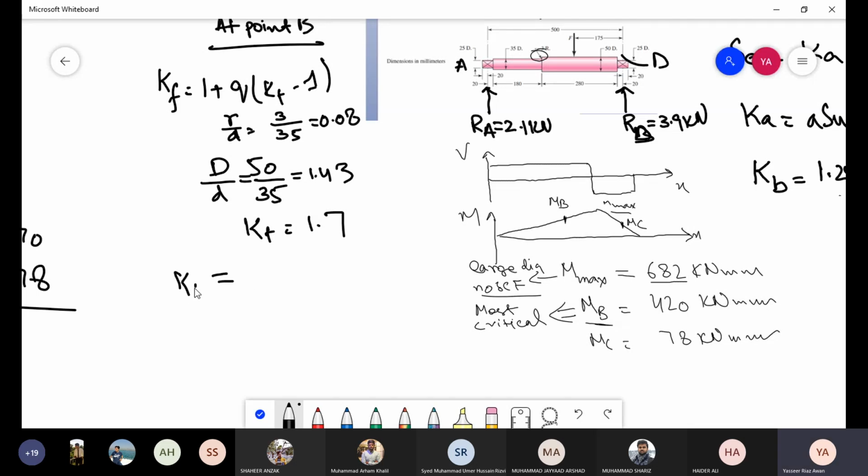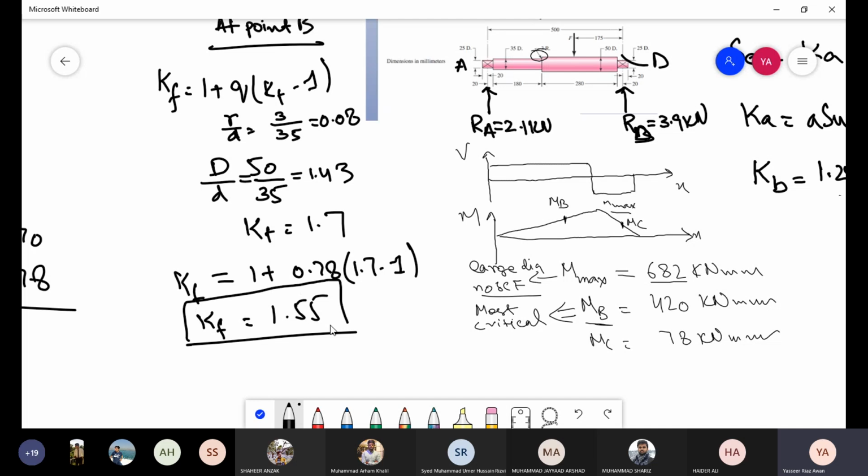So that gives us Kf as 1 plus 0.78 into 1.7 minus 1. That would give you 1.55. Okay. So now, if you only take the effect of stress concentration factor, this moment is basically as dangerous as this moment.